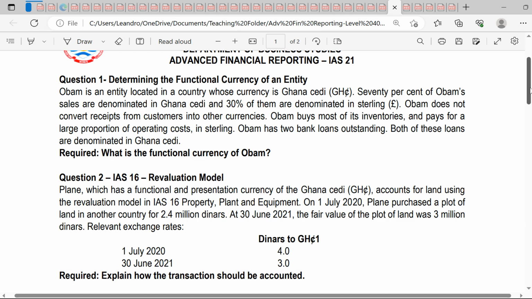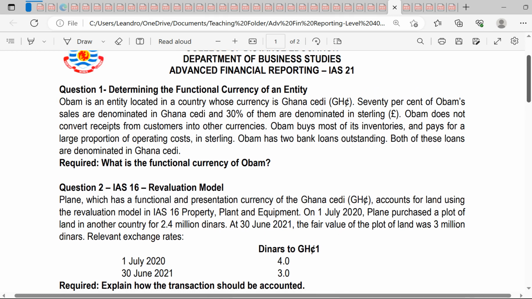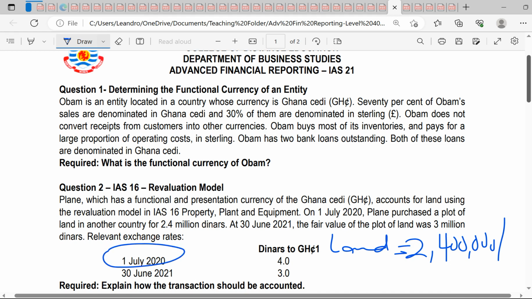So you have to start by saying the transaction must initially be recorded by applying the transaction date rate of 4 dinars to 1 Ghana cedi, and therefore the entity will record the land at 2.4 million divided by the transaction date rate of 4, and that will be 600,000 Ghana cedis.